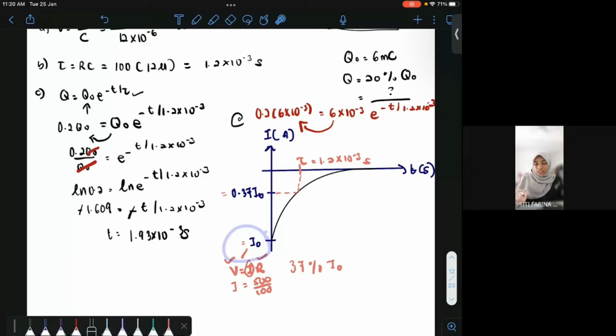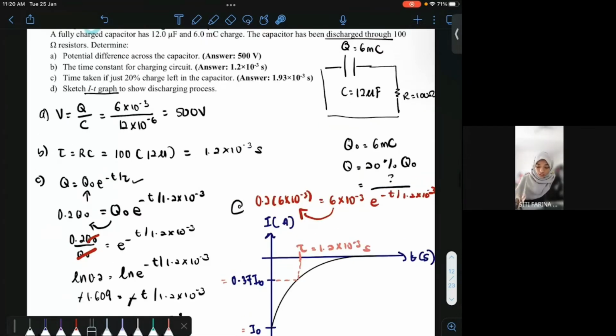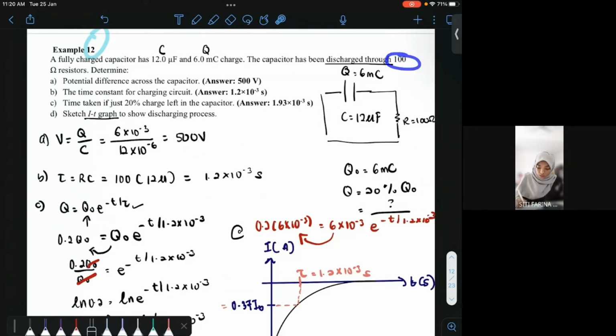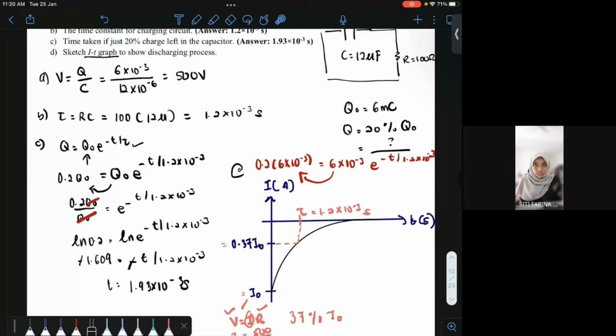Setengah examiner tak ada masalah sebab dia tahu ini represent I0 and you can find the I0. It's okay, soalan tak minta. So tak apa kalau tak cari unless kalau dia mention. Okay. So dia bergantung kepada examiner sebenarnya lah. So kalau dia mood baik ke apa ke, dia mungkin akan terima I0 sahaja. Kalau tak, mungkin dia nak apa nilai I0 tu because you can find the value. You have all the information given in the question. So dia macam luck jugalah sebenarnya.